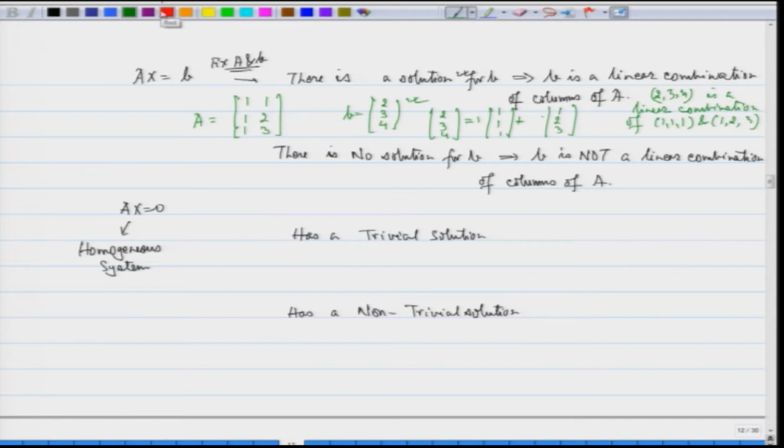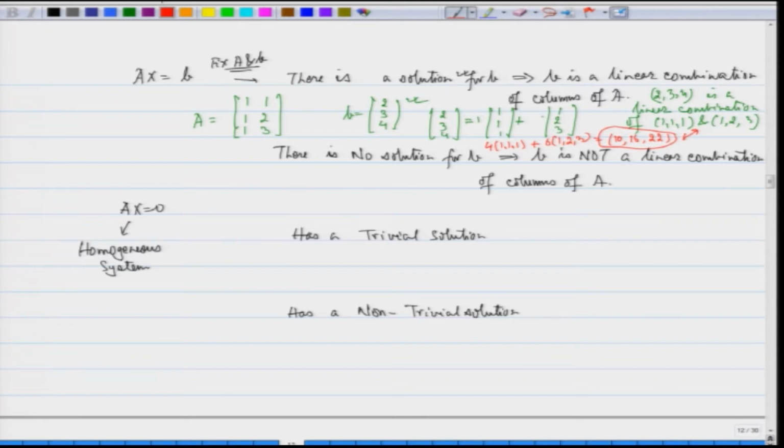I could also take, say, 4 times the vector 1 1 1 plus 6 times 1 2 3, which gives me 4 plus 6 is 10, 4 plus 12 is 16, and 4 plus 18 is 22. So, again this vector is a linear combination of these two vectors. Is that okay? This is important.